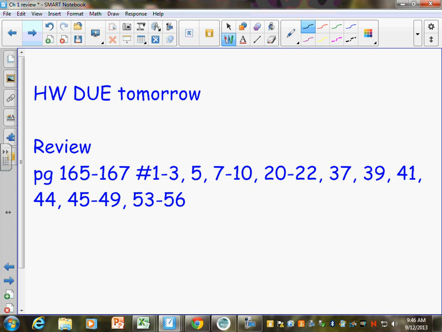So I think I did these right. 1 through 3, 5, 7 through 10, 20, 22, yeah, that's not graphing, 37. 37 and 39 say to graph, but you do not have to graph, so let's write that on there.